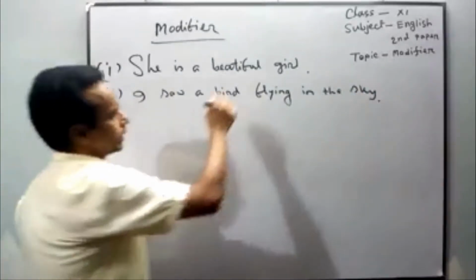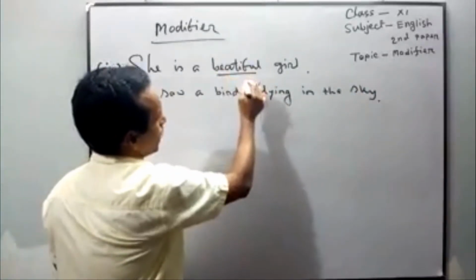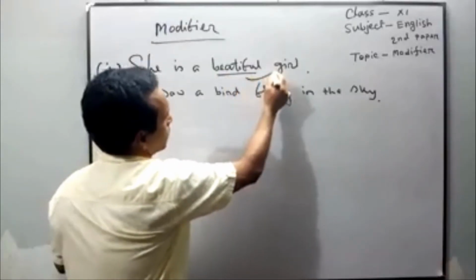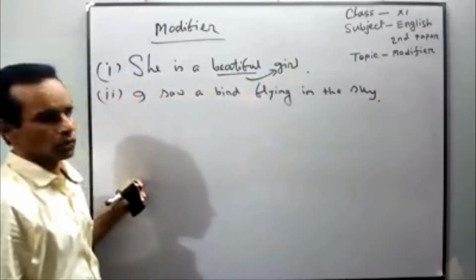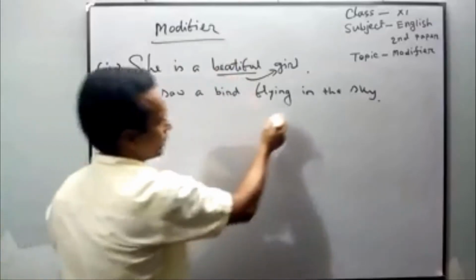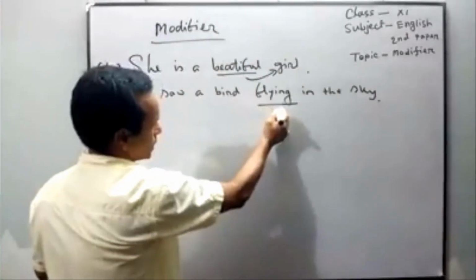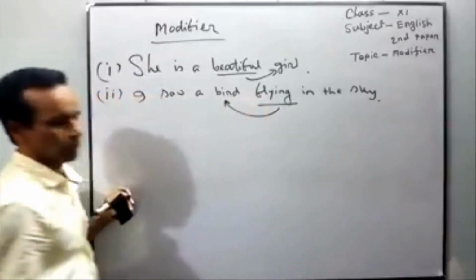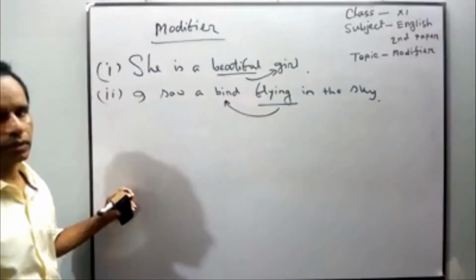Here in the first sentence, the word beautiful has qualified the word girl, so beautiful is a modifier. In the second sentence, the word flying has qualified the word bird, so flying is a modifier.